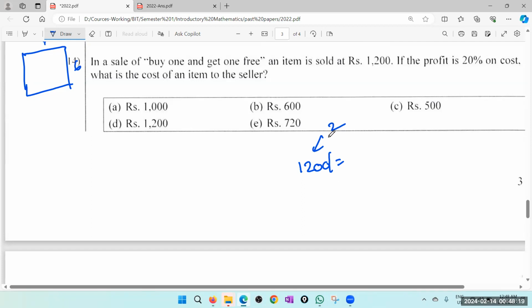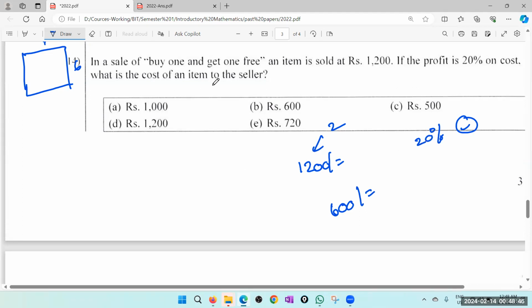If the profit is 20% on cost, so this guy still makes 20% profit, selling two items. So that means one item's selling price is effectively 600 because of buy one get one free. So therefore one item is sold at 600 and still 20% profit is made for each item.